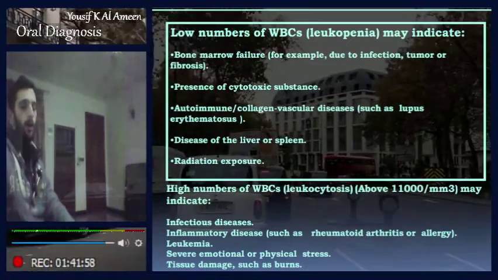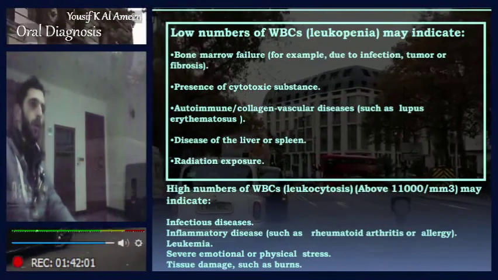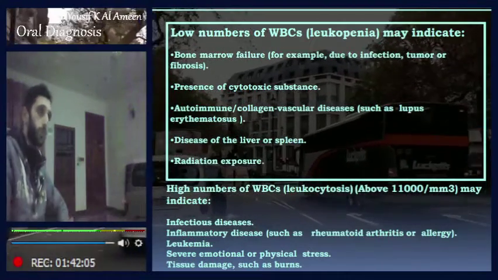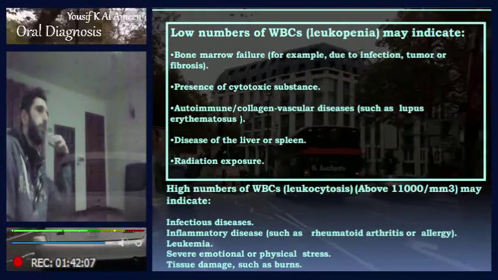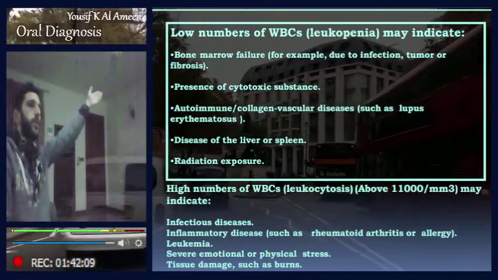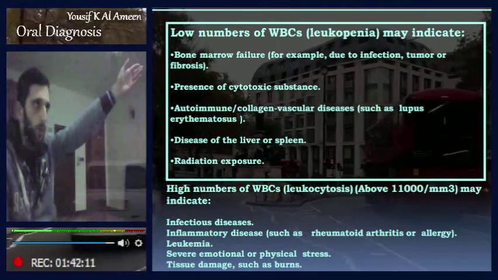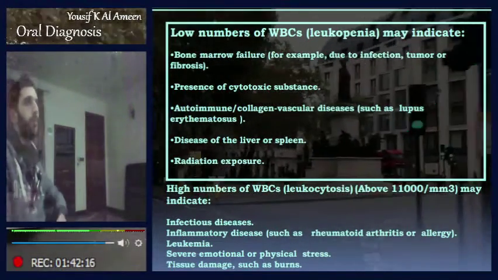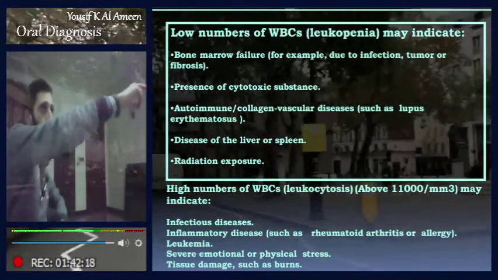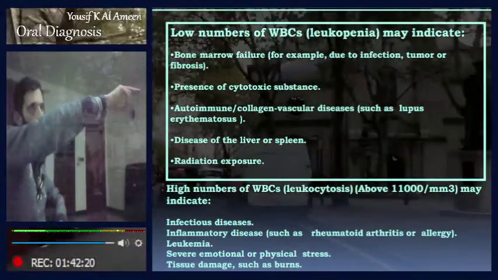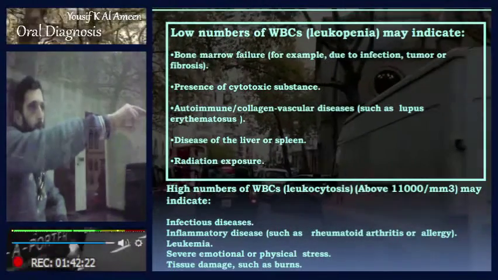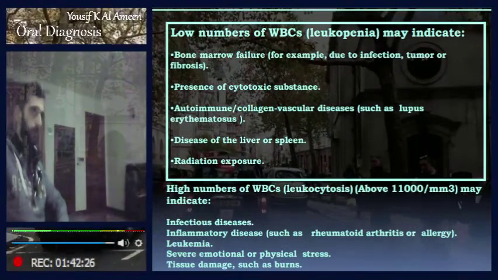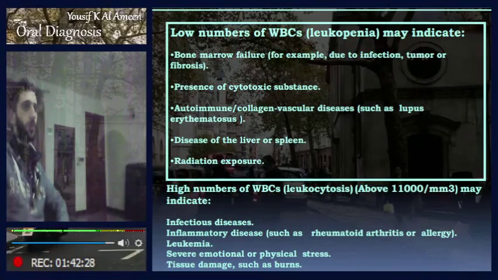A low number of white blood cells may be an indication of bone marrow failure, for example due to infection, tumor, fibrosis, presence of cytotoxic substances, autoimmune collagen vascular disease such as lupus erythematosus.